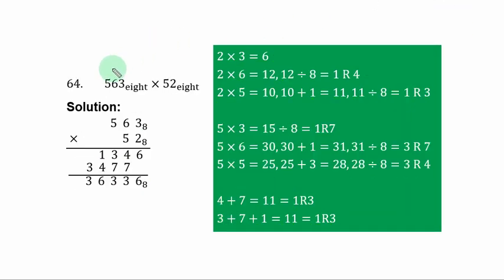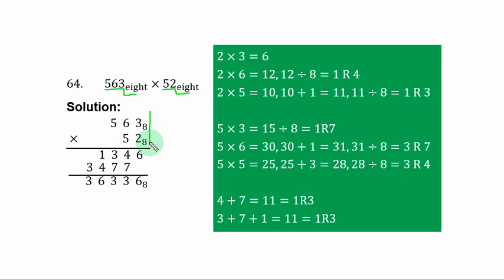Example 64, you have 563 base 8 times 52 base 8. You arrange the numbers in the usual way for multiplication, and you start by using digit 2 to multiply 365.